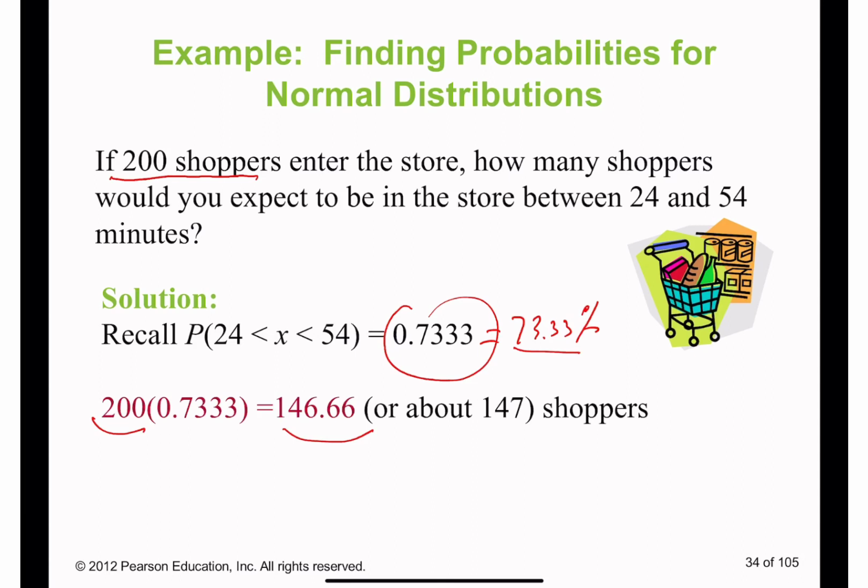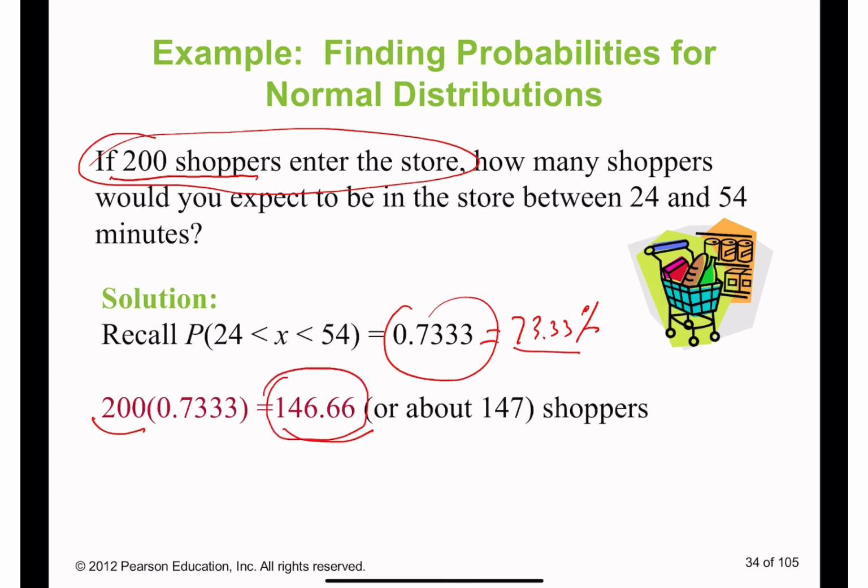This is how we are interpreting it. If 200 shoppers enter the store, there is a 73% chance that 146.6, which means 146, will stay.